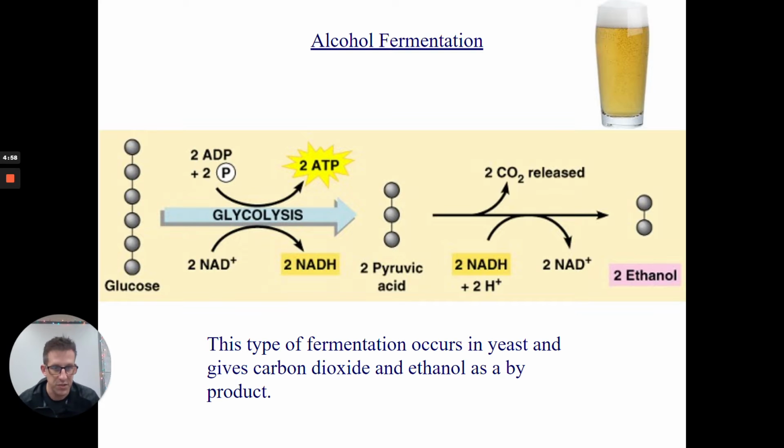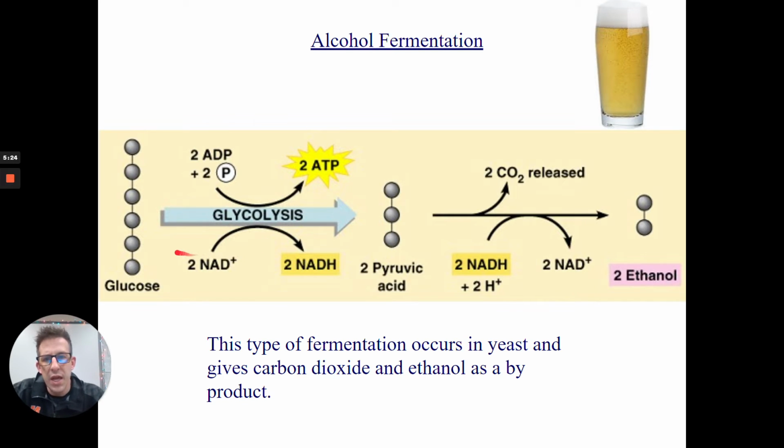There is a type of fermentation called alcohol fermentation, and alcohol fermentation is actually one of the primary ways that some organisms get their energy. For instance, yeast. Yeast is an organism that undergoes alcohol fermentation, and yeast, just like us, undergoes the process of glycolysis.